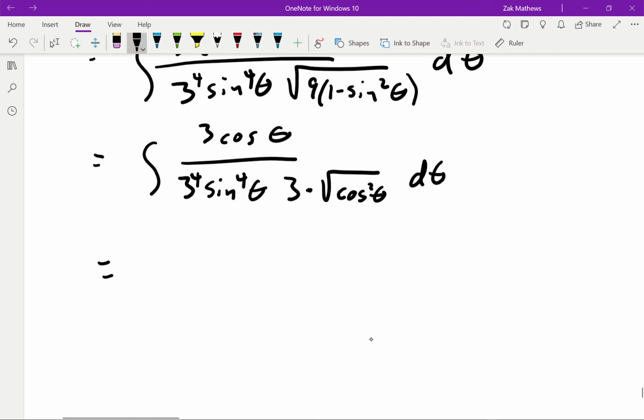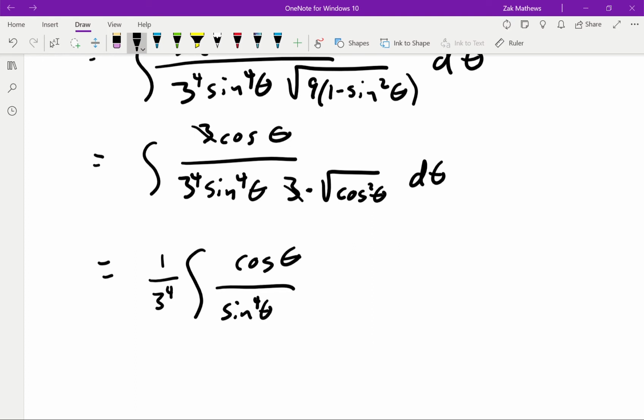And so now I'm going to really clean this thing up. We see that the 3's on top and bottom will cancel. The 3 to the fourth we can bring outside. We still have a cosine theta over sine to the fourth theta. The square root of cosine squared is cosine theta d theta.